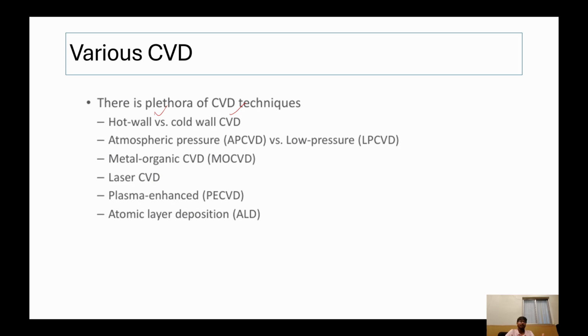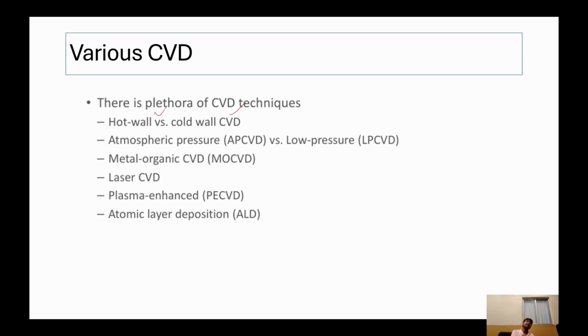At that point you have higher pressure, so diffusion will be higher, so the growth rate will be higher. In low pressure CVD, you have very low pressure, but you will have more control over it. You can get good quality film, and the growth rate will be lesser in that case.